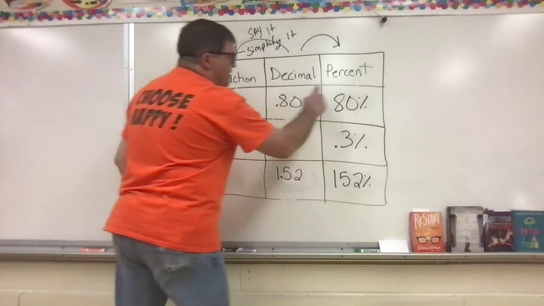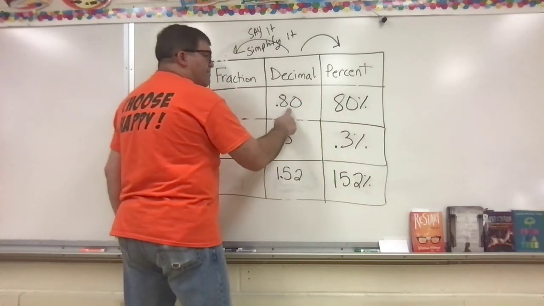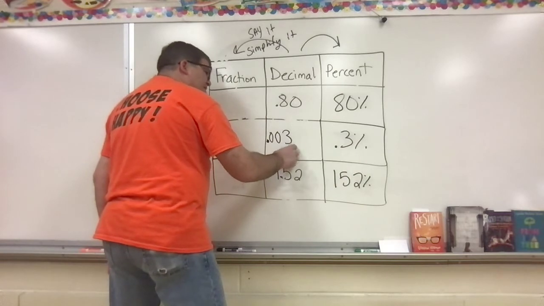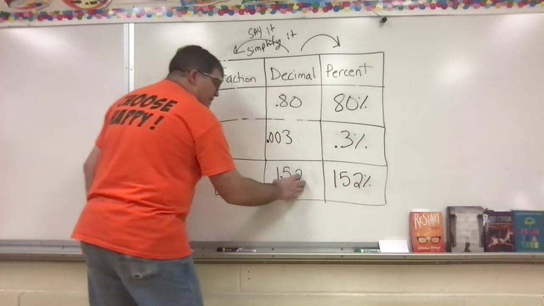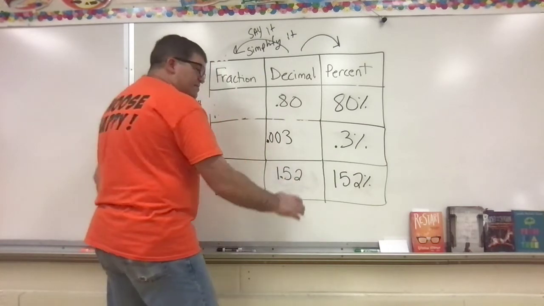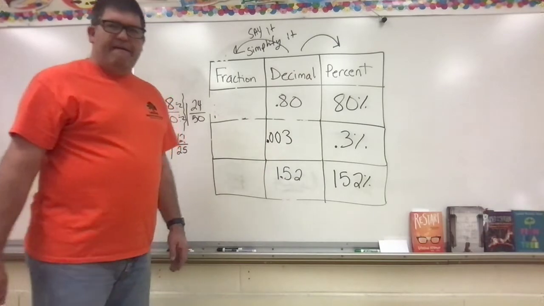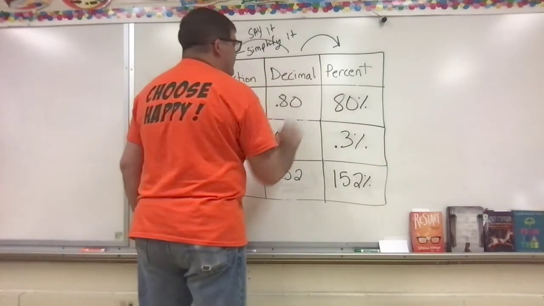If I'm going from here to here, I get rid of the percent symbol and go 2 to the left. Here to here, get rid of the percent symbol, 2 to the left. Okay. So that's going back and forth between those two.